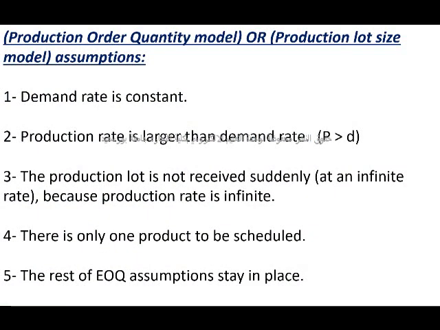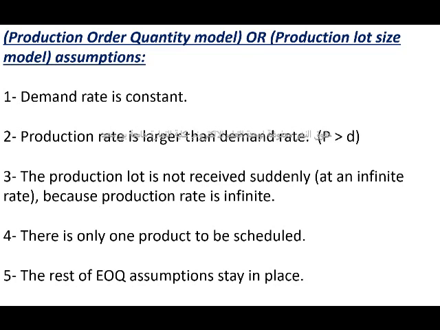Now we have two models. First one EOQ, second one production order quantity model. We use EOQ if you buy, but if you would like to make your needs, you should use production order quantity. Now we assume the company prefers to produce its needs.